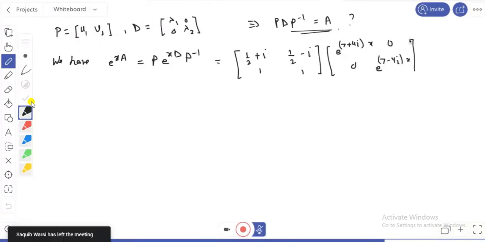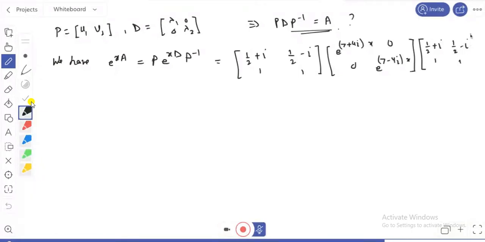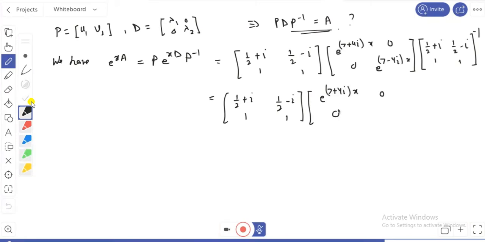Then what is the inverse of that? You have to find the inverse of P, which is half plus i, 1, half minus i, 1, and its inverse. So if you calculate this matrix, it becomes e to the power 7 plus 4i x, 0, 0, e to the power 7 minus 4i x.